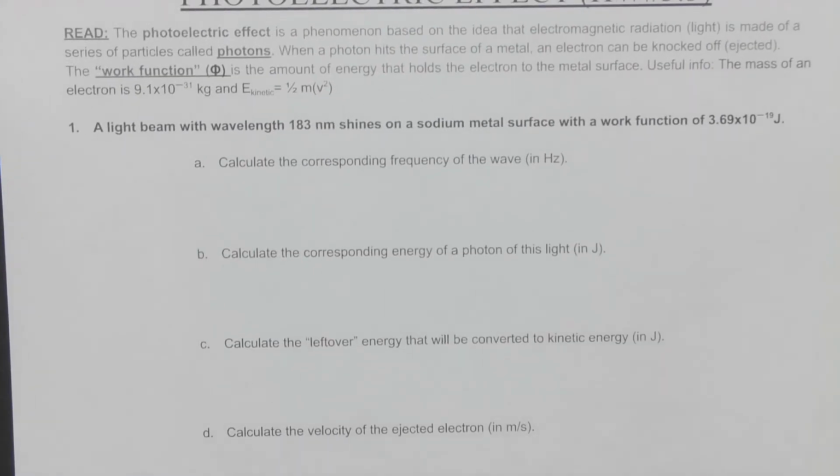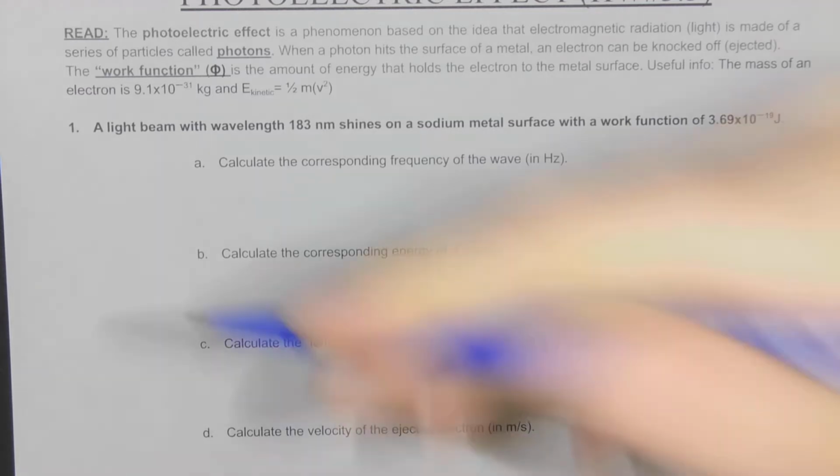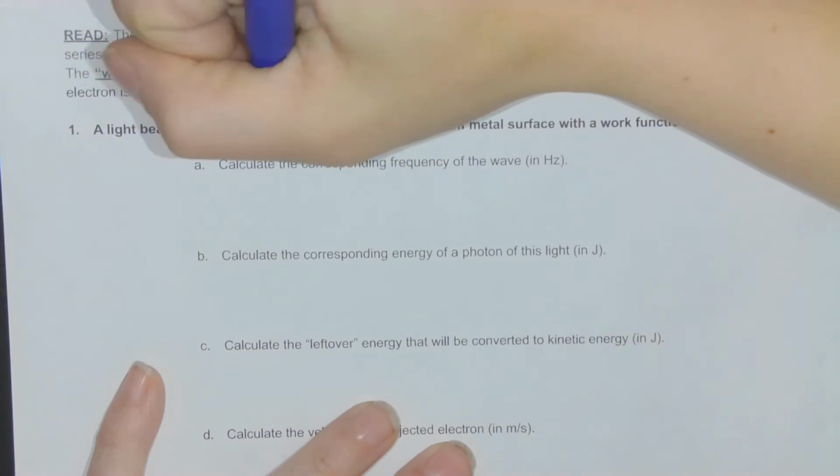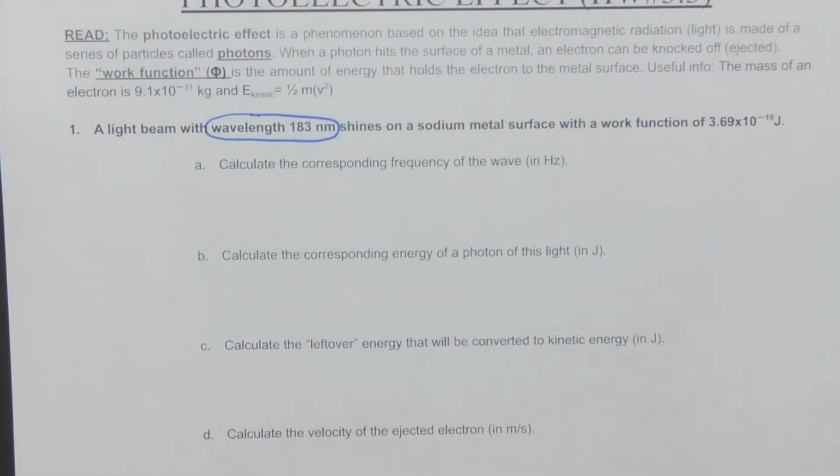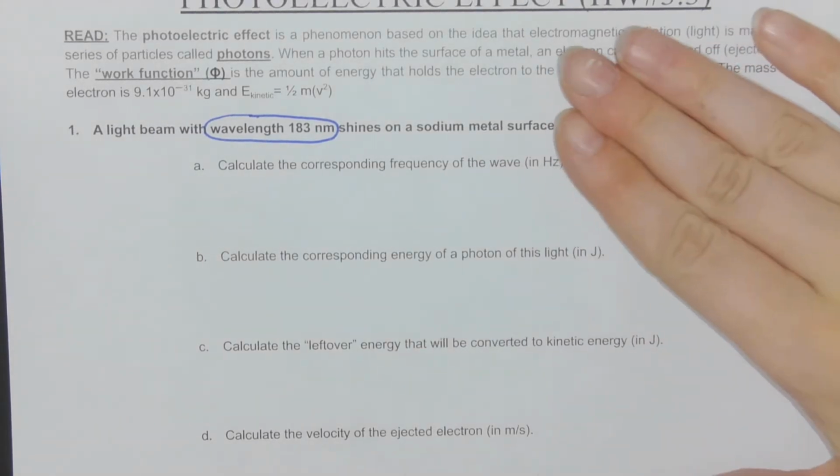A light beam with a wavelength of 183 nanometers. Okay, wavelength 183 nanometers shines onto a sodium metal surface. I'm not going to worry about the rest of this right now.